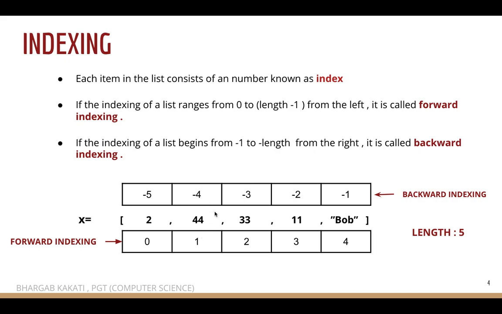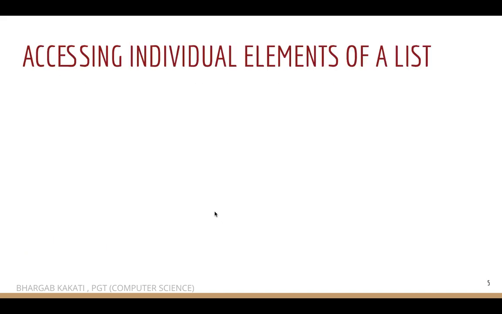Both are absolutely fine. Now let us see how do I access the individual elements of a list. The individual elements of a list can be accessed using its index. Just now we learnt about the concept of indexing. So in a list we can have multiple elements.